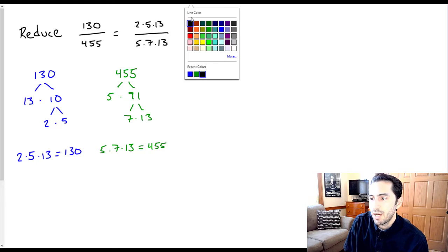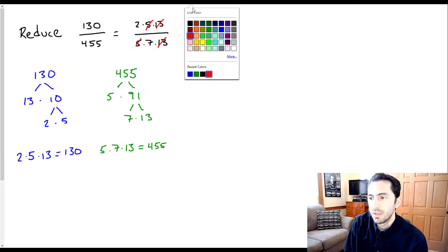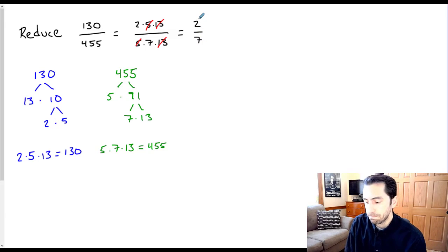Between the numerator and the denominator, I can see that we have a 5 in common. So 5 divided by 5 will simplify to 1. And we also have a 13 in common. So those will also simplify. And then what we're left with is our reduced fraction. So 2 over 7 is our simplified answer.